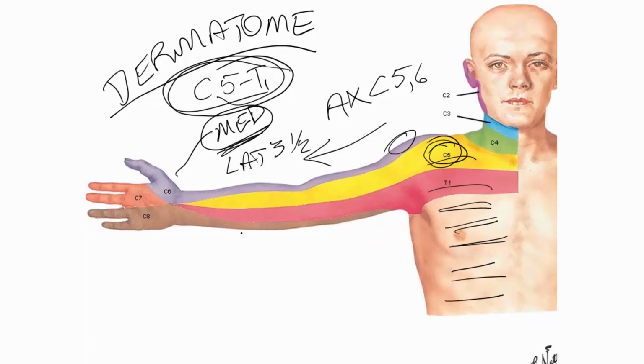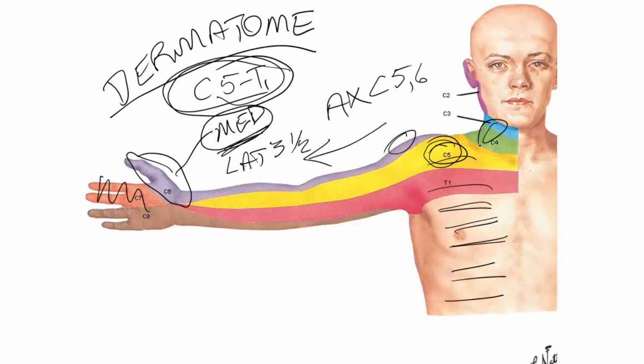So if you have loss of cutaneous innervation to the thumb, do you have a median nerve injury or do you have a C6 injury? If it only affects the thumb and it doesn't affect the other digits, it's probably a C6 injury that happened way up in the neck.